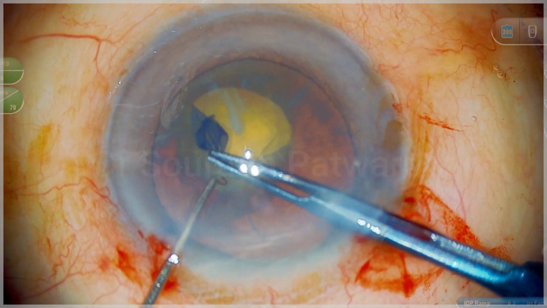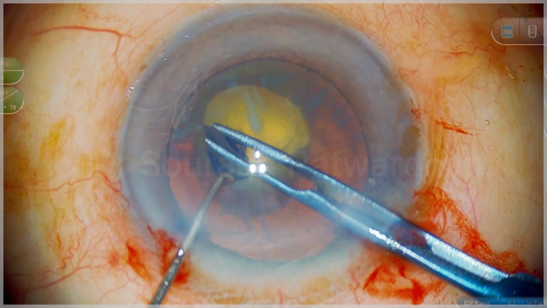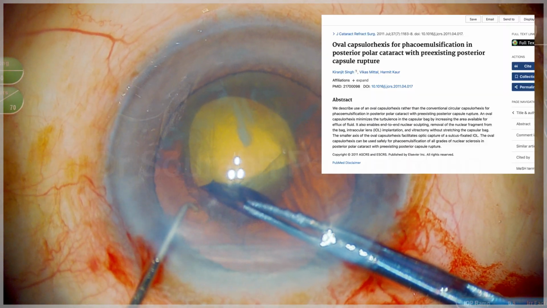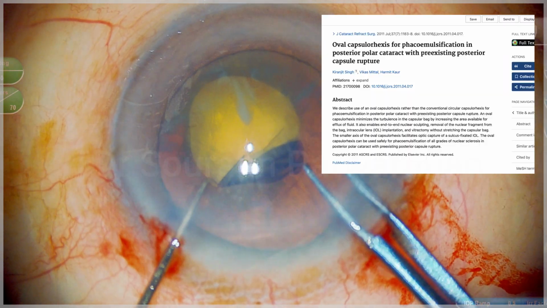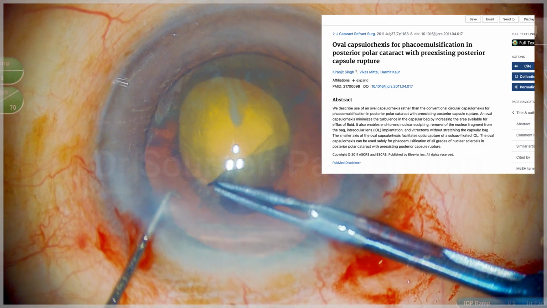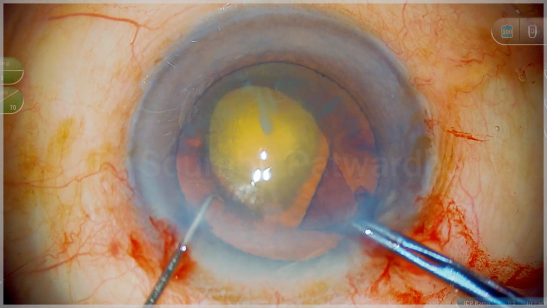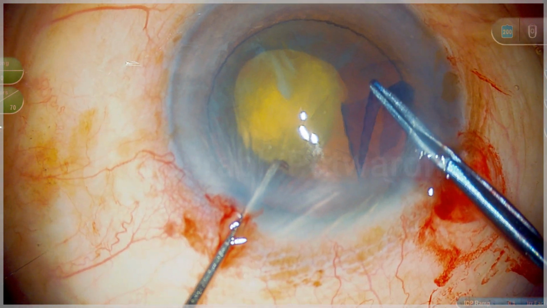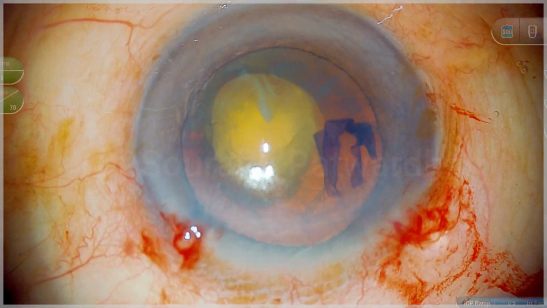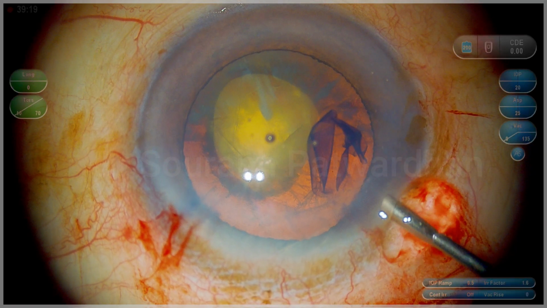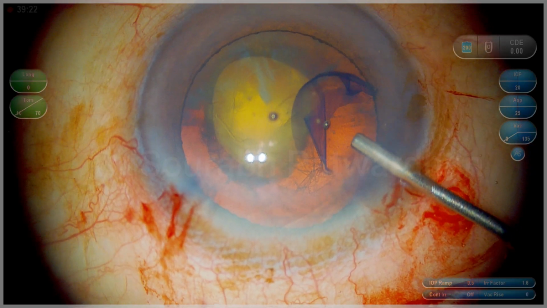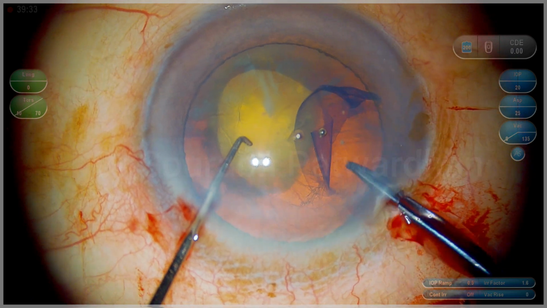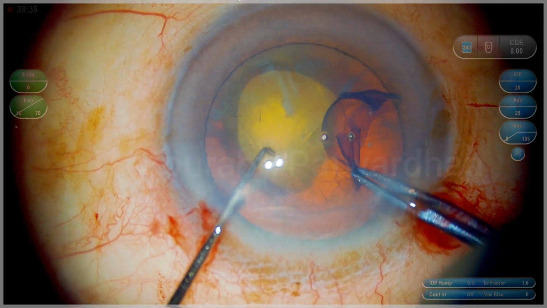So the first thing I am going to do is an oval rhexis. This technique is described by Dr. Kiranjit Singh, and this oval rhexis helps one way. It has a longer diameter on one side, almost up to 5.5 mm. So if you need to remove the nucleus, it's easier with that wider diameter.